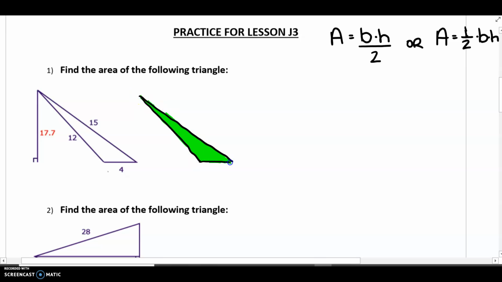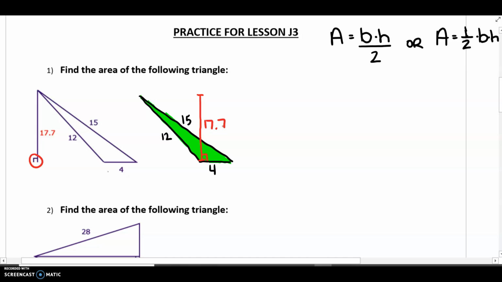Because remember, I want the base and I want the height, and the base is always going to be a side of the triangle, while the height is going to be perpendicular to that base. So instead of the 17.7 being perpendicular to nothing on the outside, notice that I could label it here instead.